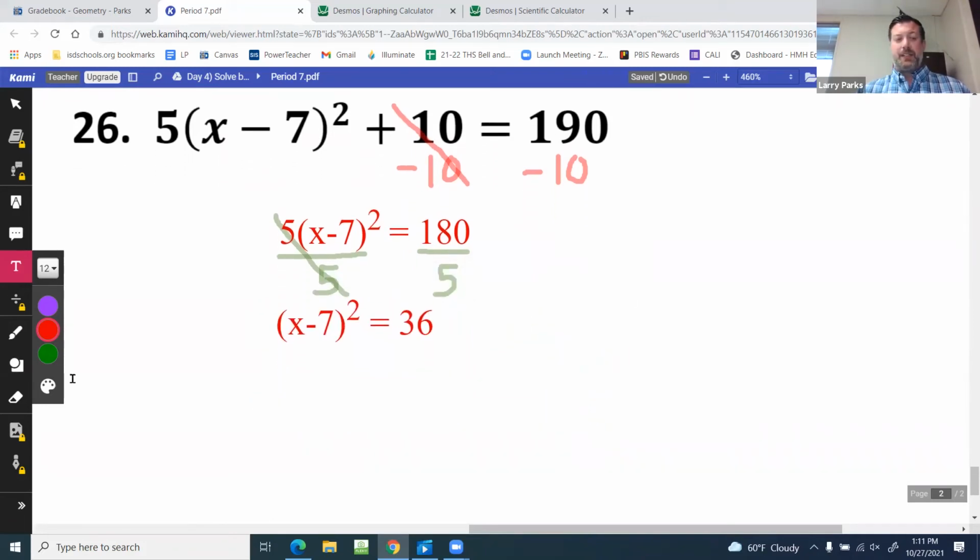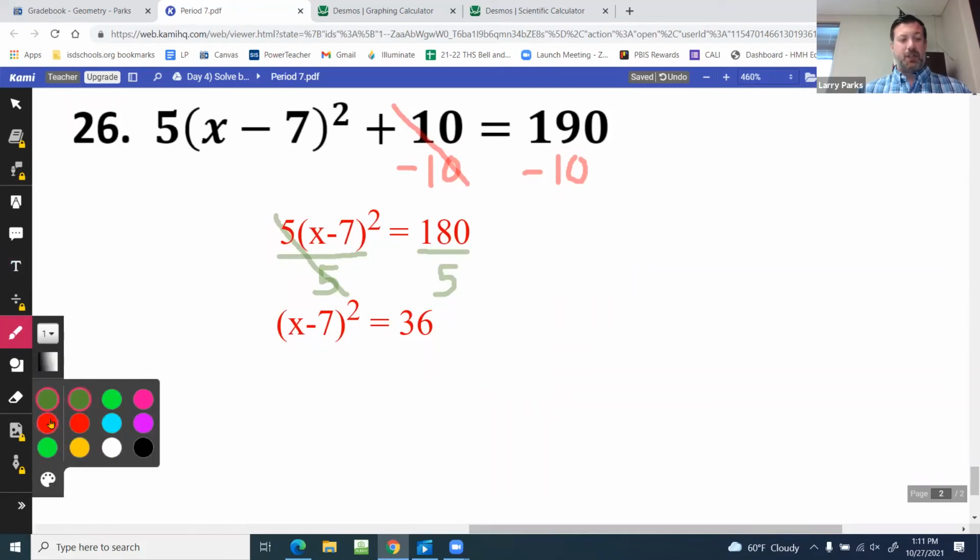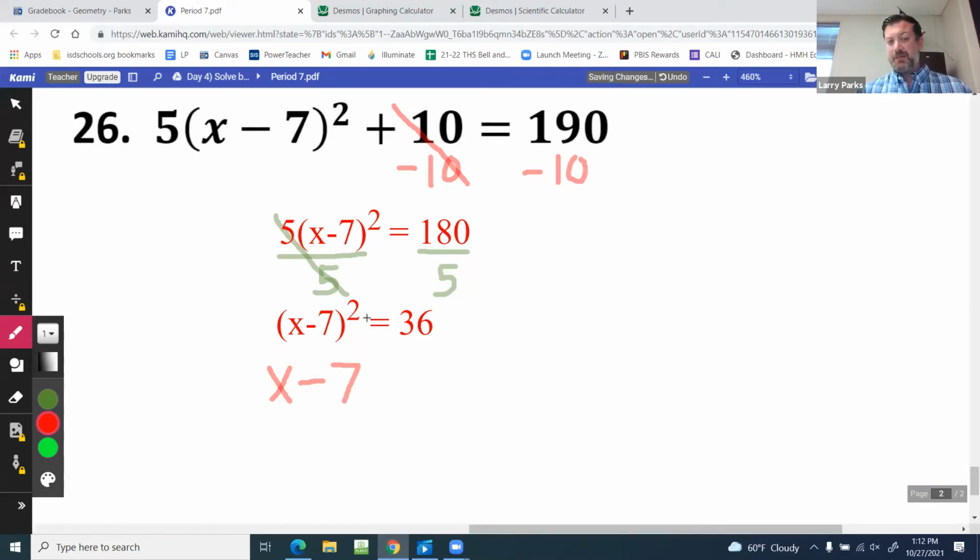From there I could take the square root of both sides. That's going to get this as x minus 7, since the square root cancels out the square. And here it's going to be positive and negative square root of 36.